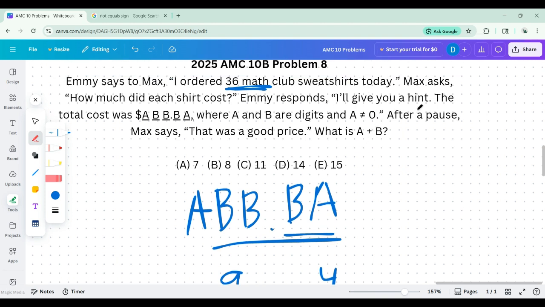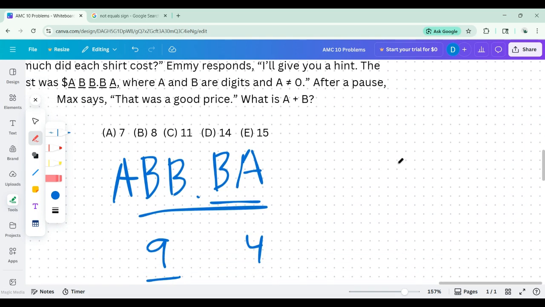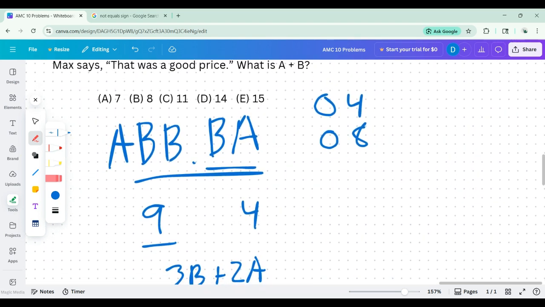During the test, you can do casework. I'm pretty sure casework would work because we can go down the cases pretty quickly. So we can go down the cases 04 because the last two digits have to be a multiple of 4. So 04, 08.